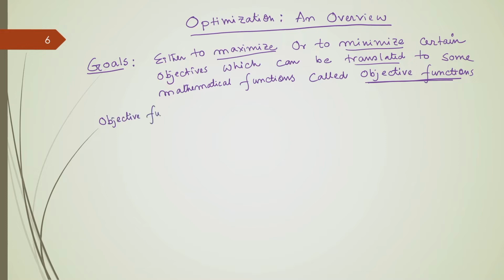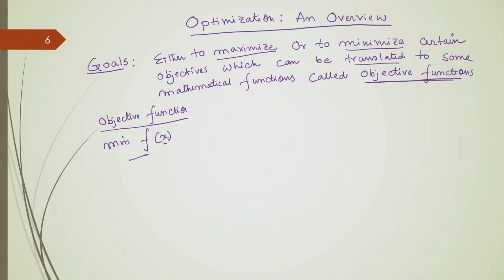So, a typical objective function I can show you here is: minimize f(x), where f is a function and x is called a variable.